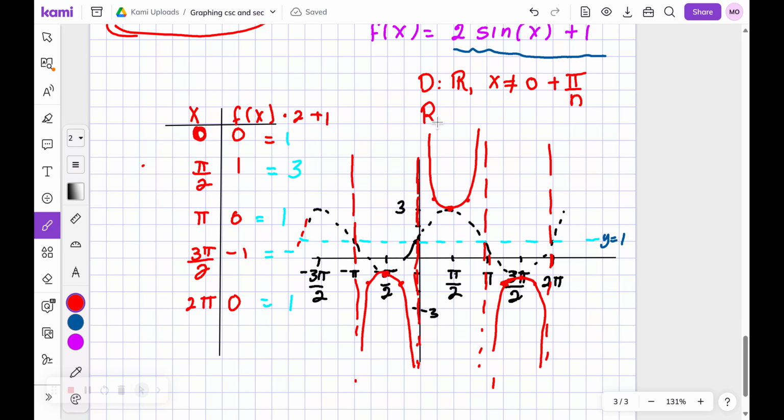Range: I'm coming from negative infinity, and I am stopping at what point? Negative 1. Bracket. Union 3 to infinity. Okay, and that was supposed to be a negative 1 over here.